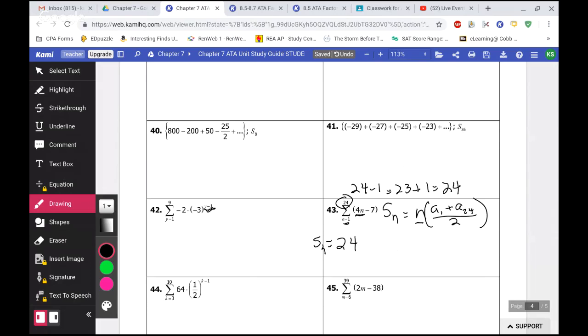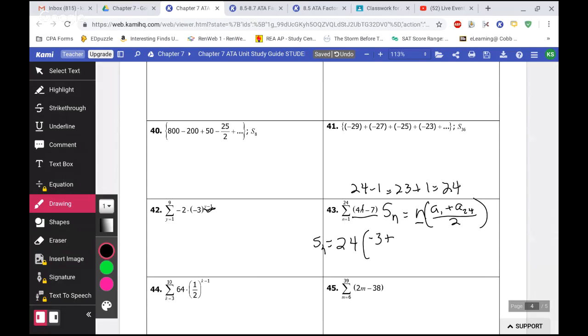Now, to find the value of the first term, you just plug in a 1 in this formula. So that's 4 times 1 is 4, minus 7 is negative 3. Plus, now we'll plug in 4 times 24, which is 96. 96 minus 7 is 89.